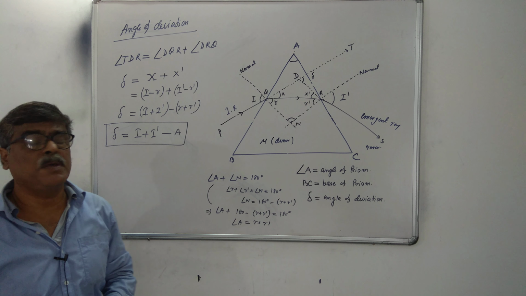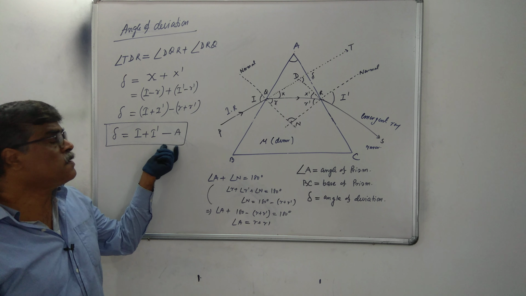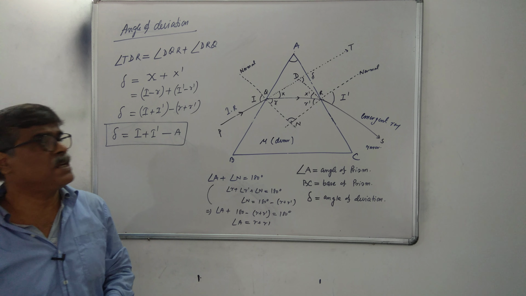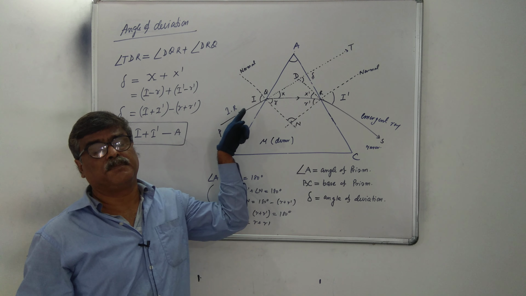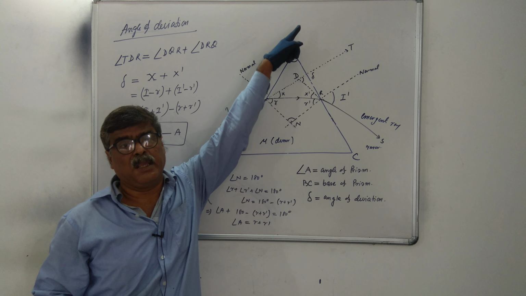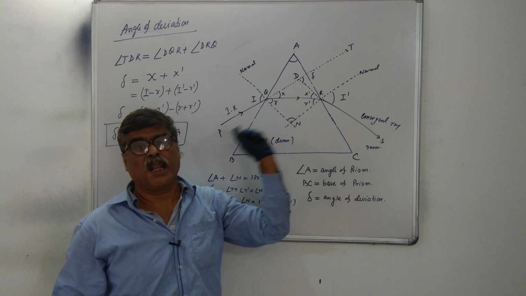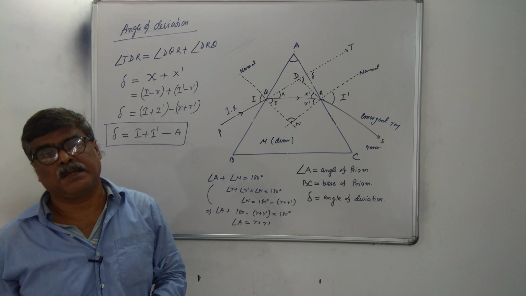So what is the angle of deviation? This proof is most important for examination. What is the angle of deviation? The angle between the incident ray and the emergent ray for a light ray passing through the prism.